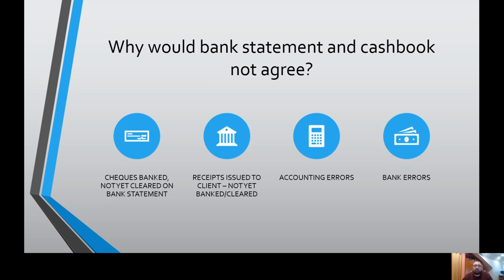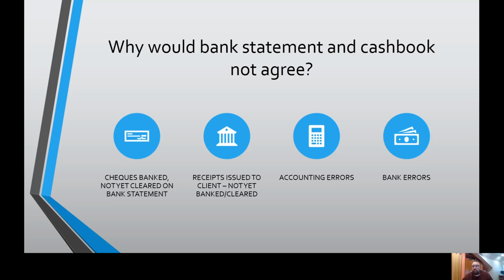But now, if my client has not yet banked that check, it would not yet reflect on my bank statement. So if I wrote the check on, say, the 20th of the month and we get to month end, my cash book balance will show minus 100 Rand, but my bank balance will only reflect a zero balance.